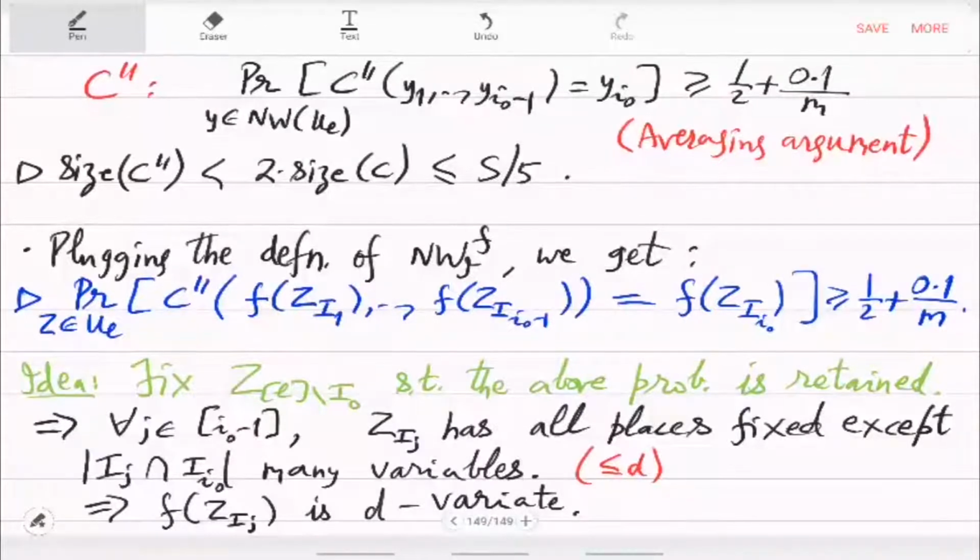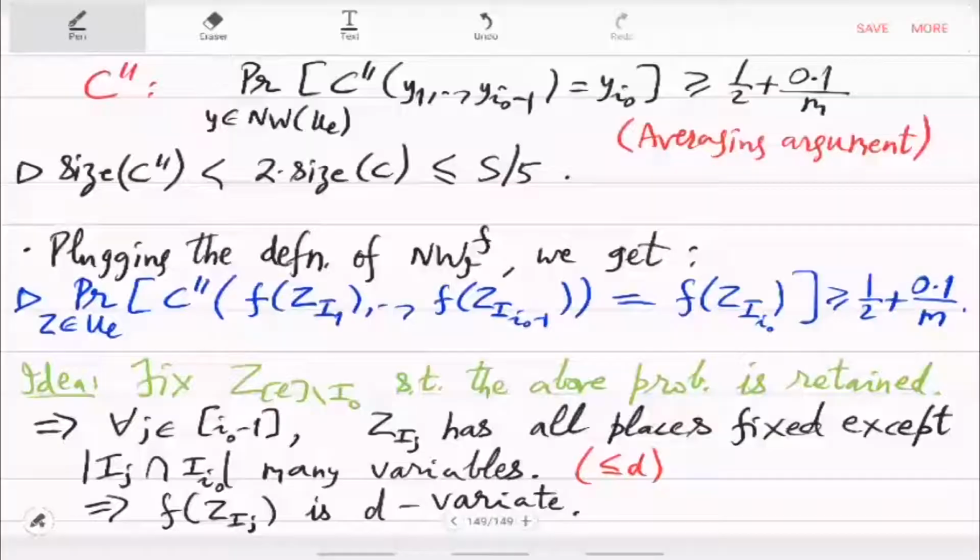Okay, so, by this fixing in the left hand side, all these Zi1 to Zi0 minus 1, they will all become just D variate. D is considered small. So, now we will do a trick of also eliminating them. This f is a hard function, right.